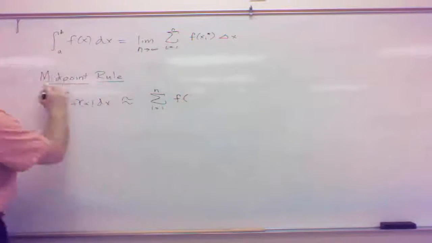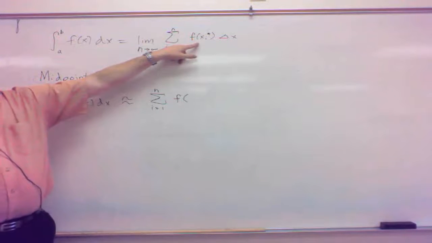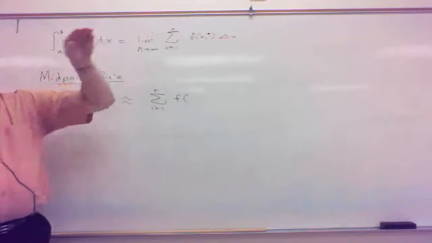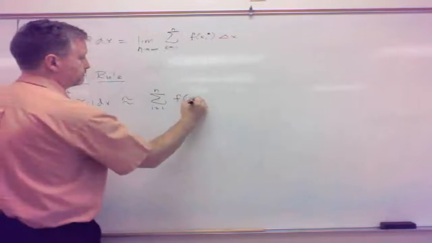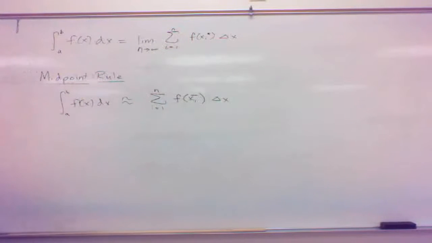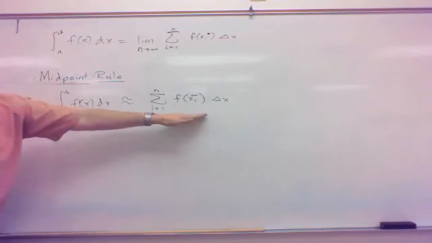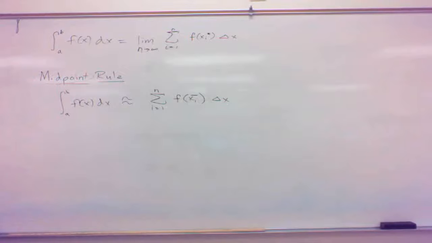And if we're using a midpoint, then our sample points are the midpoints. The notation for midpoint is the bar. So that's what we sometimes refer to as the midpoint rule. It's just using the Riemann sums and the midpoints as your sample points.